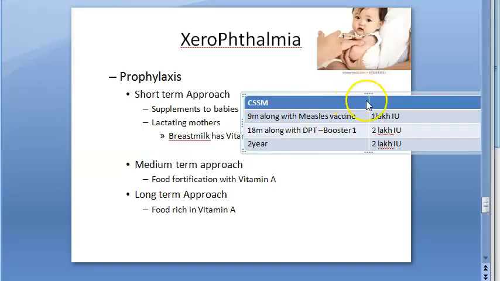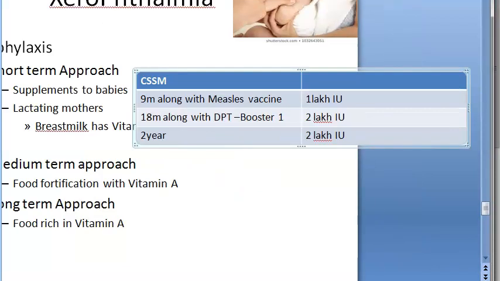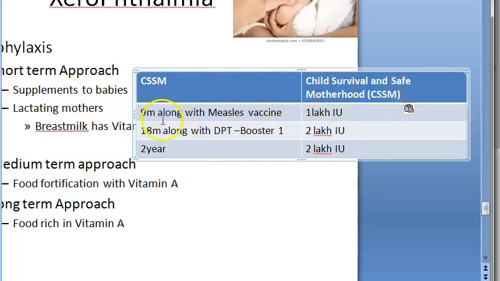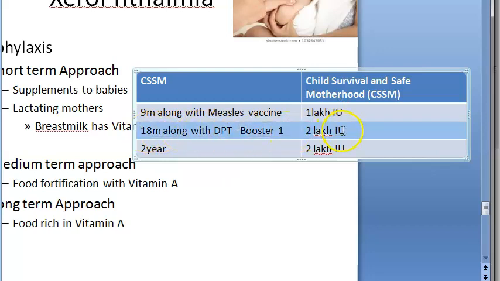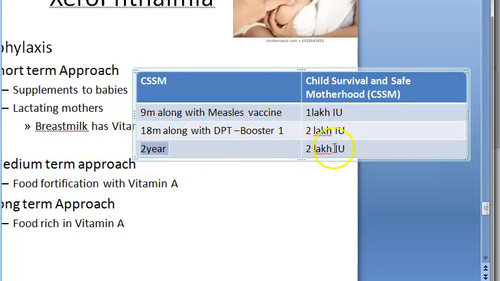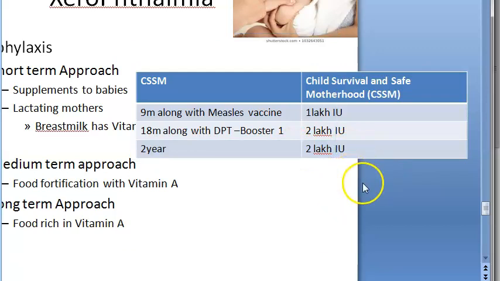So just revise this short-term approach, CSSM, Child Survival and Safe Motherhood. Basically, at 9 months along with the measles vaccine, 1 lakh international units; at 18 months along with the DPT booster, 2 lakh international units; at 2 years, 2 lakh international units. Okay.